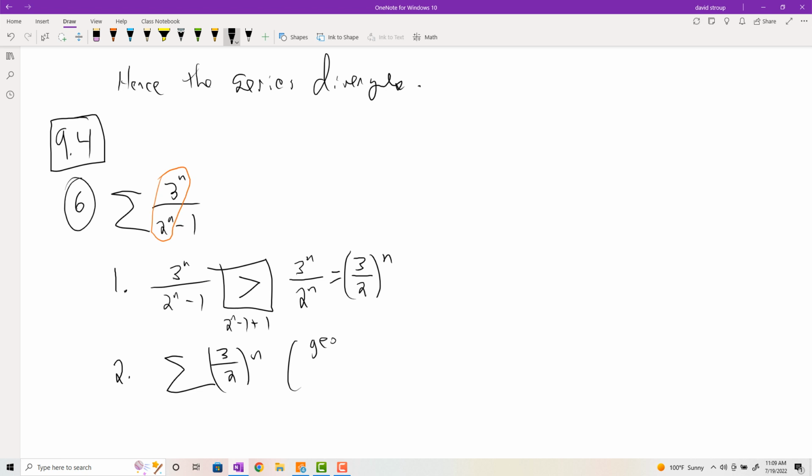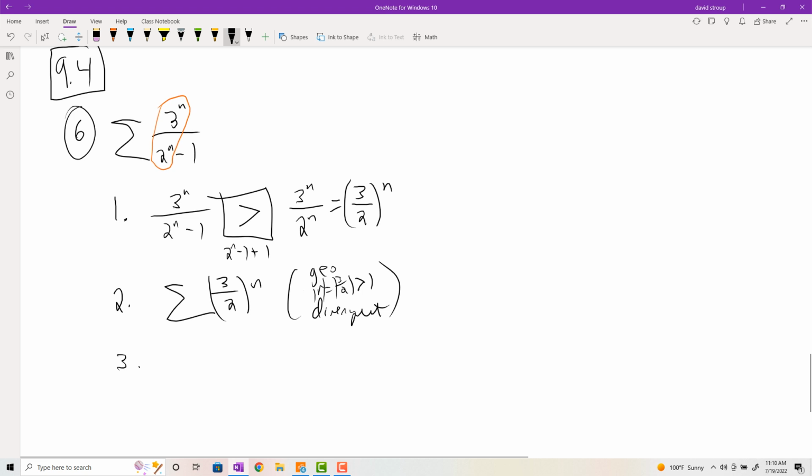So in this case, it's geometric. The r value is 3/2, and the absolute value of that is definitely greater than 1. So therefore, it's divergent. Okay. So in this case, you have something below that's divergent, and it's going to force the series above it to also diverge. So hence, both series diverge.